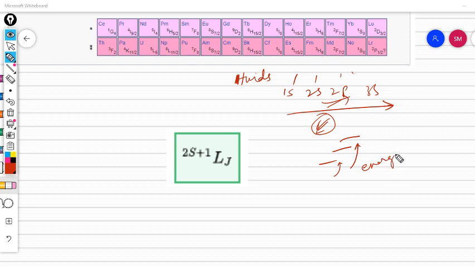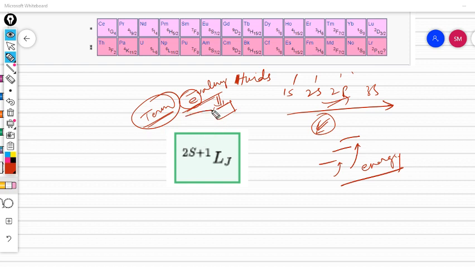As I told you, the term symbol is the expression of the valence electron, present in which energy level or which orbital. So we define the orbital, that is, the energy level of the valence electron. How can we express the energy of the orbital?